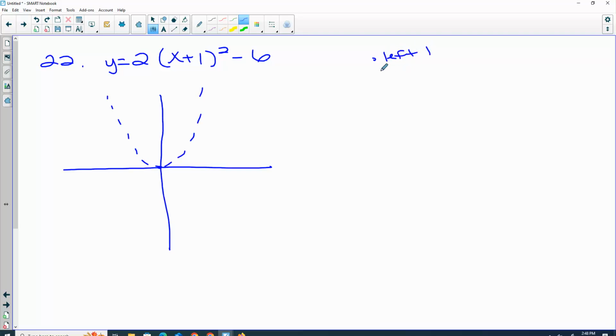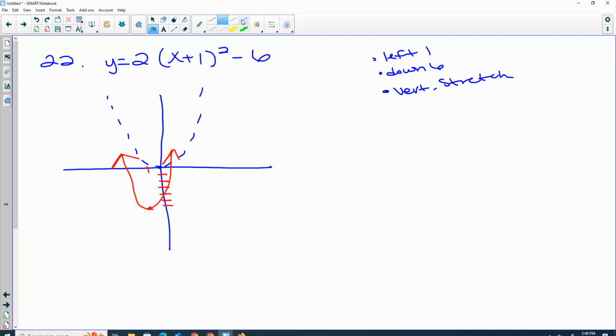Left 1, down 6. What's the 2? This does not have to be very accurate to get us our answer. So we're going left, we're going down. We know the 2 is just going to make it skinnier, right? That's really enough for what we're looking at. I don't need exact points.